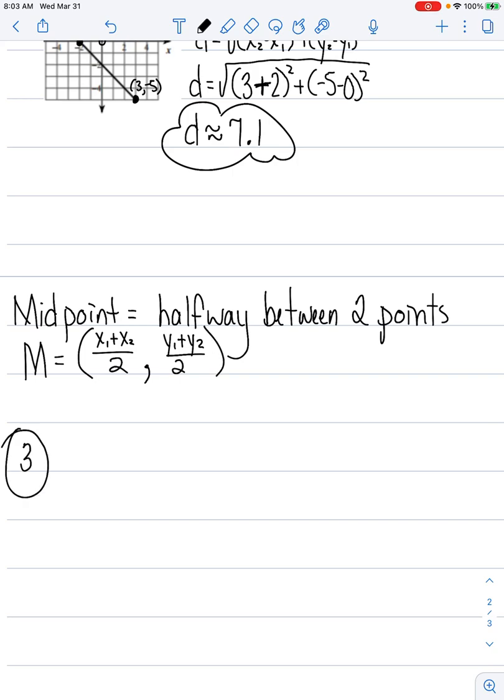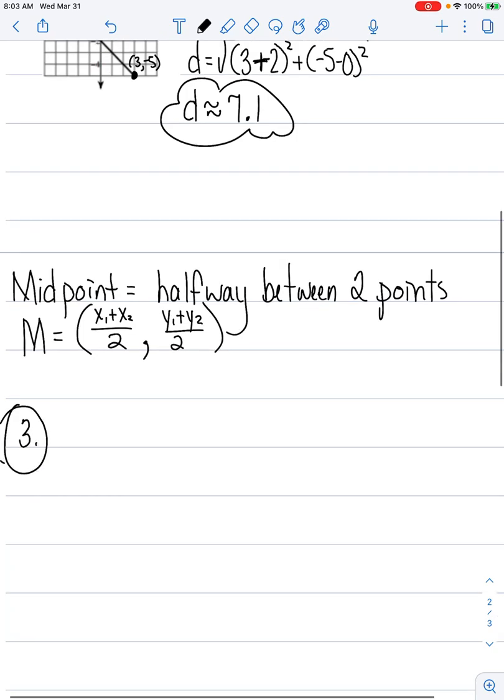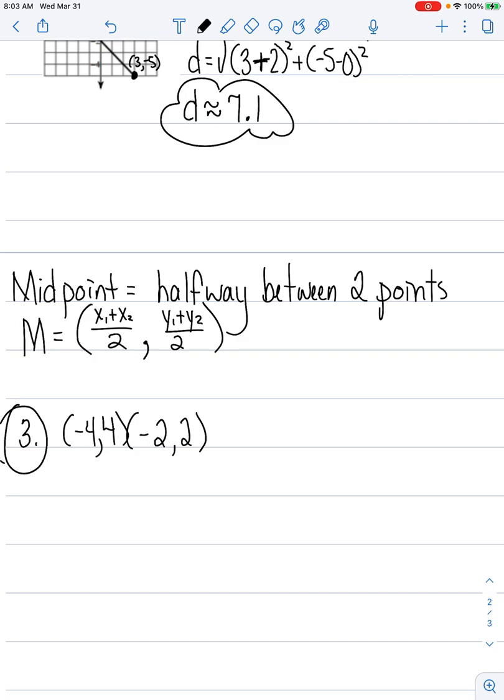So let's find the midpoint between negative 4, 4, and negative 2, 2. So let's write our formula. And until you have this memorized, I do want you to write this formula, because that's going to help you memorize it instead of having to explicitly study.